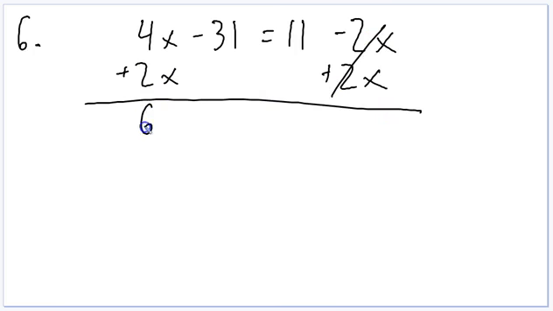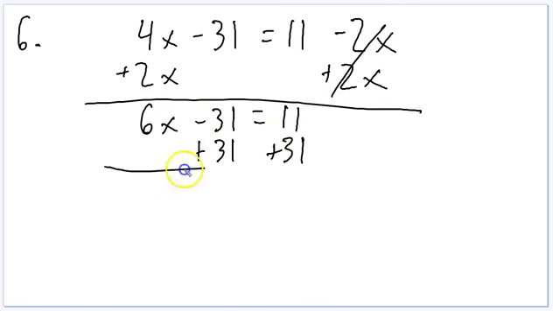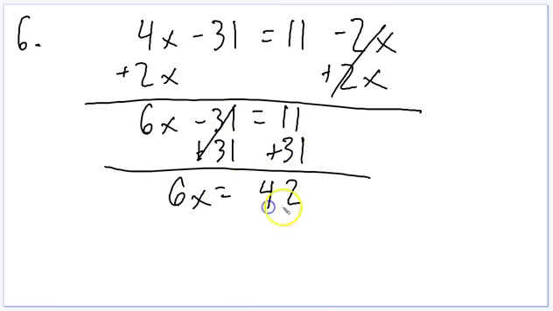That's gone. I get 6x minus 31 equals 11. I'm going to add this 31 over here. That's gone. I get 6x equals 1 and 1 is 2, 1 and 3 is 4, 42. Divide both sides by 6. Bingo bango, x equals 7.